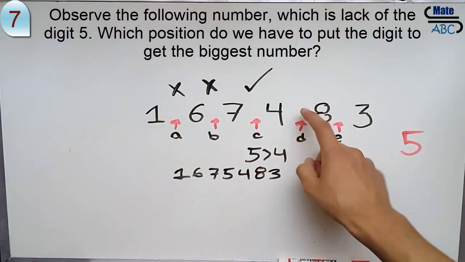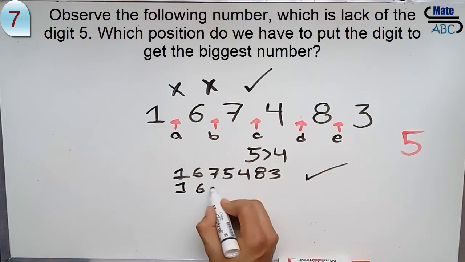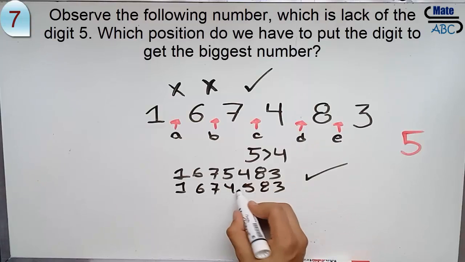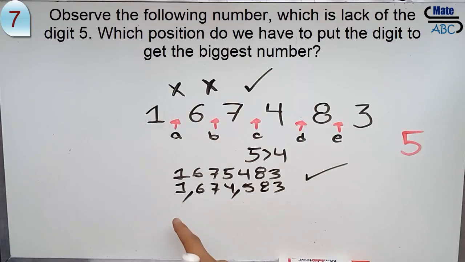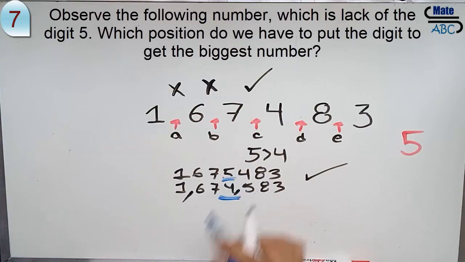But why isn't this position? Well, because we can have 1, 6, 7, 4, 5, 8, etc. But we only have to compare these.